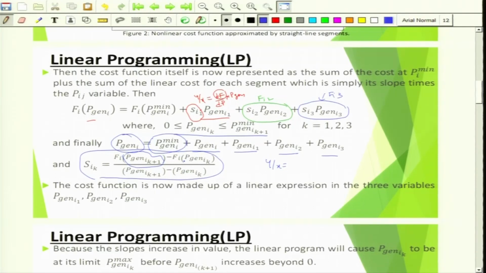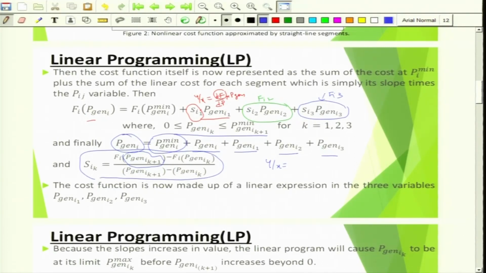This is the change in fuel cost divided by the change in generation. The change in generation is the generation which is taking place at k plus 1 segment minus the generation which is taking place at kth segment, right.